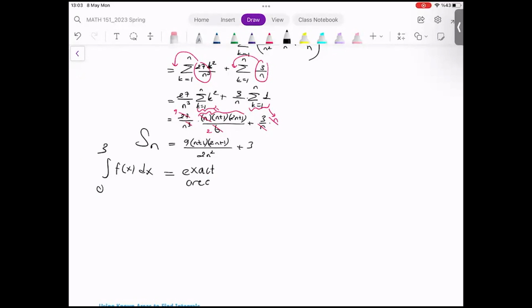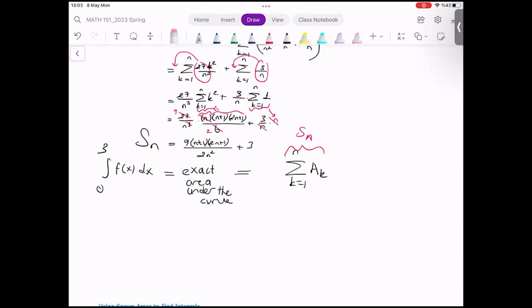And this exact area is somehow related to the sum of the areas, right? k is from 1 to n, Ak. These are the sum of the areas of rectangles, which I denote by Sn.